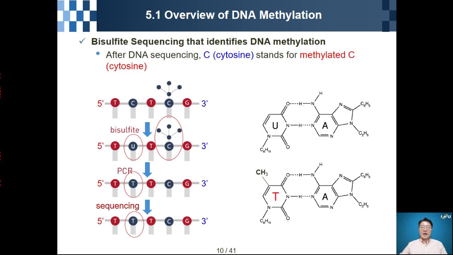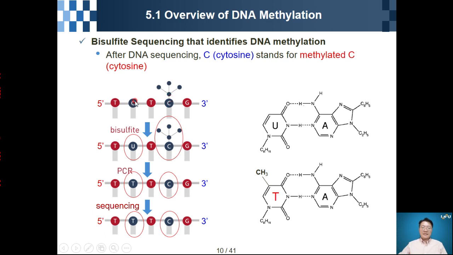However, the methylcytosine region, after PCR amplification, will be cytosine, and after sequencing it will be cytosine. So this cytosine is not unmethylated; this cytosine is methylated.